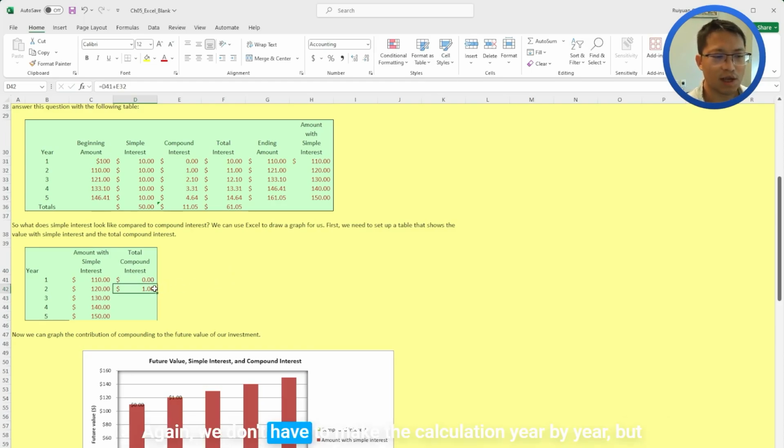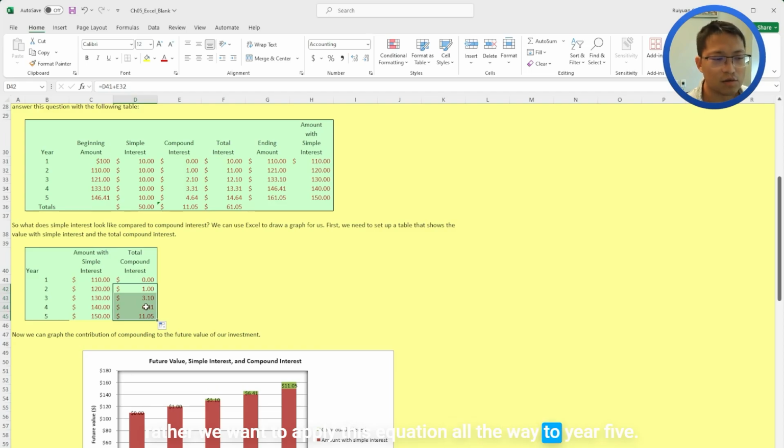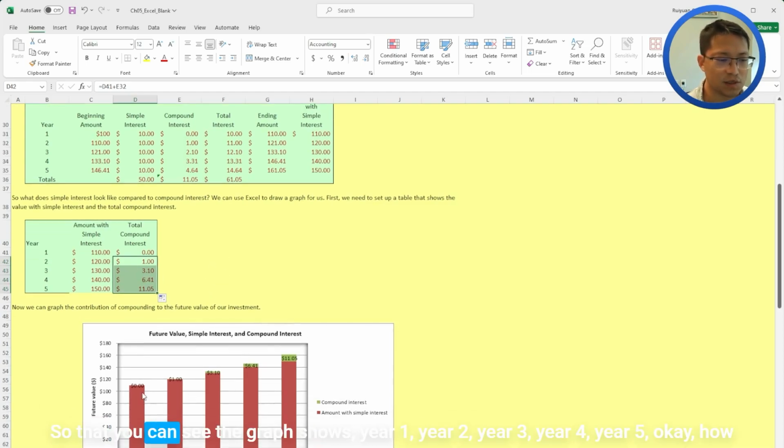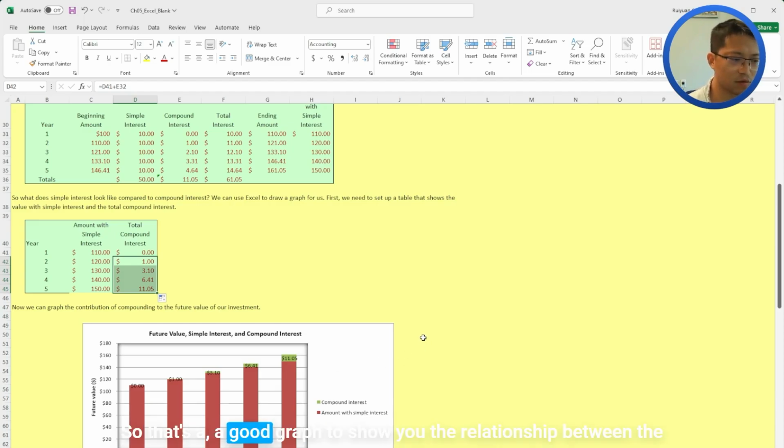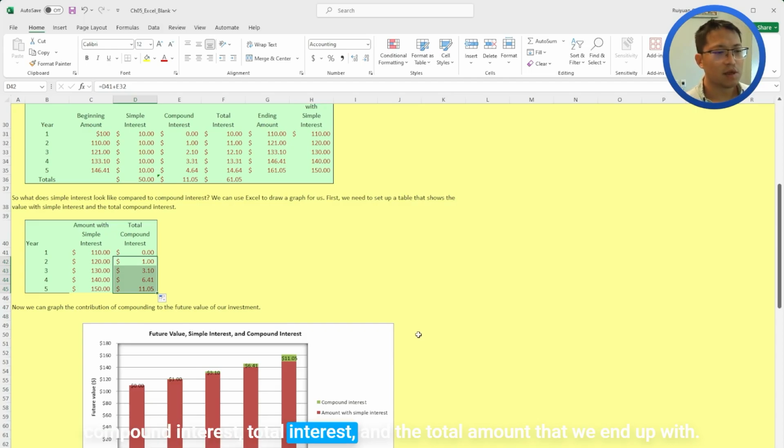Again, we don't have to make the calculation year by year, but rather apply this equation all the way to year five, so that you can see the graph shows year one, year two, year three, year four, year five, how much we get in addition to the simple interest with the compound interest. So it's a good graph to show you the relationship between the compound interest, total interest, and the total amount that we end up with.